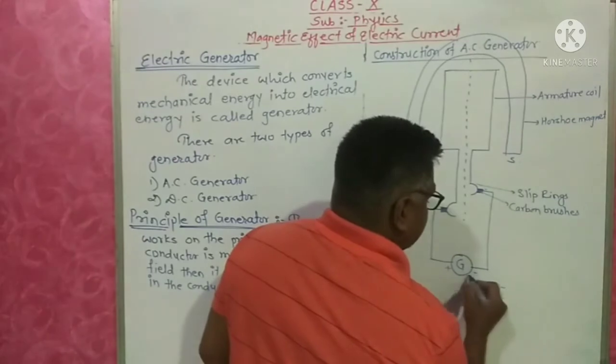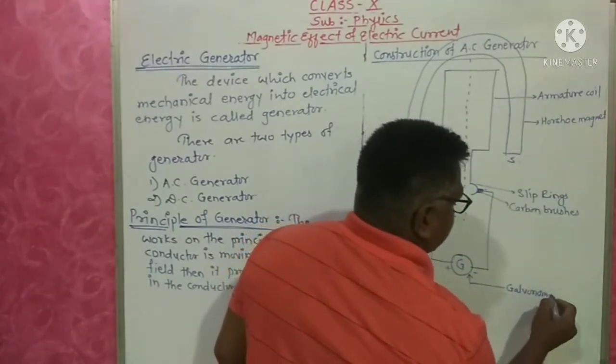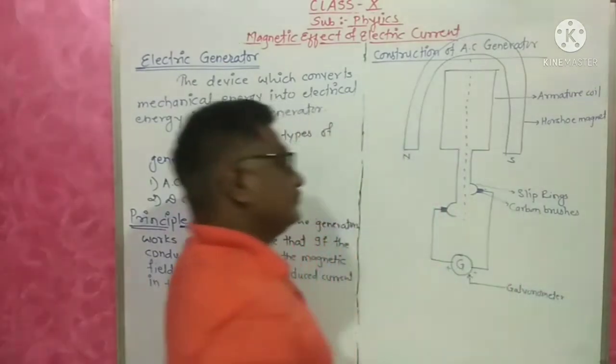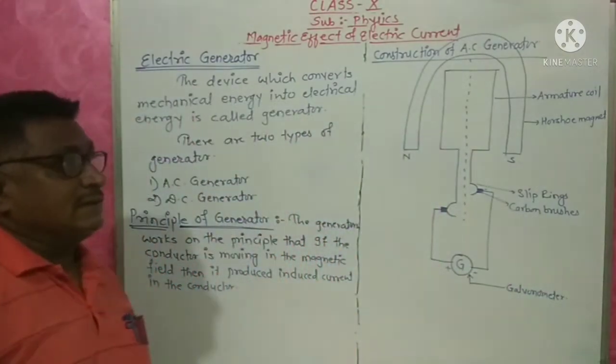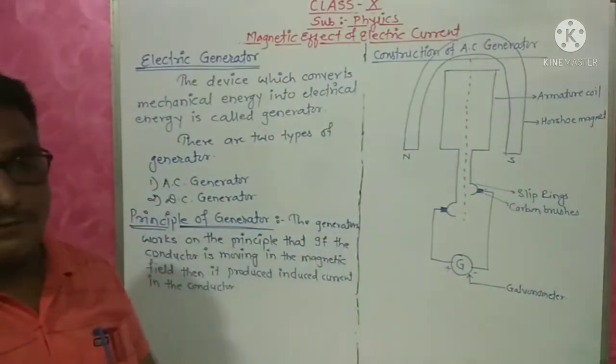So what is this? Galvanometer. This is the circuit diagram for the AC generator.